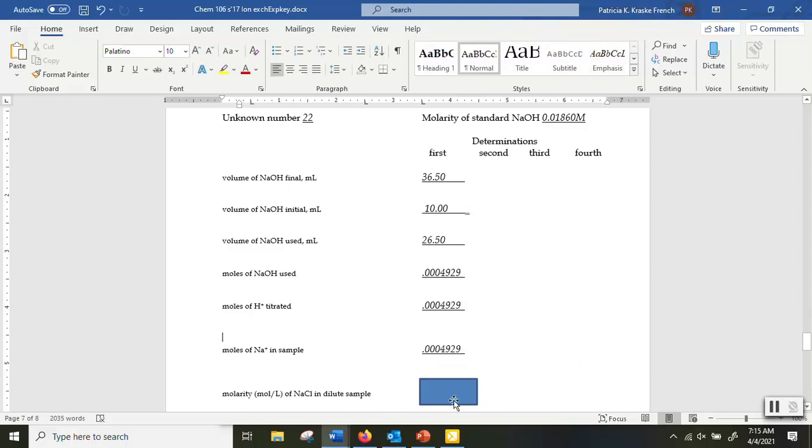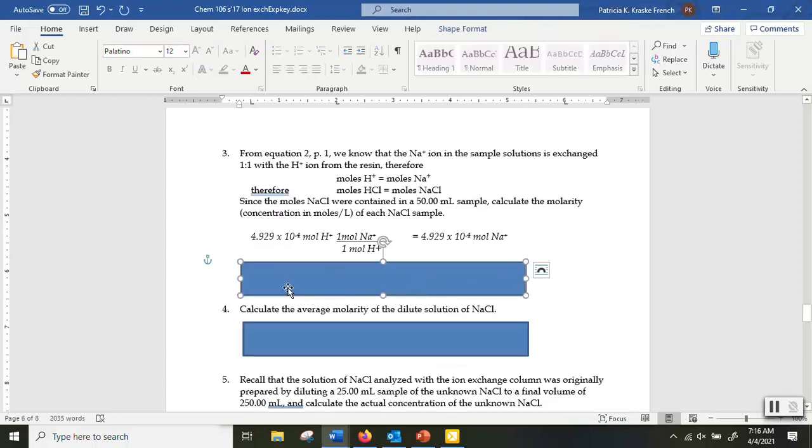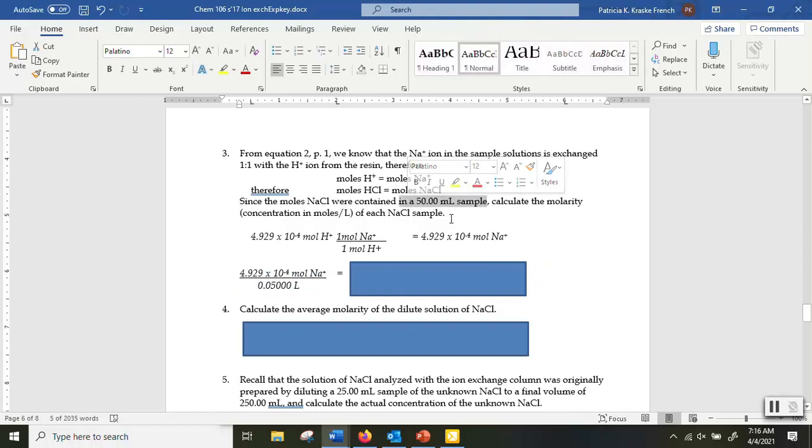Now we're going to be doing the molarity. We have to find its molarity. So we have that moles of Na+, and again, it was exactly a 50 milliliter sample that you put on the column.